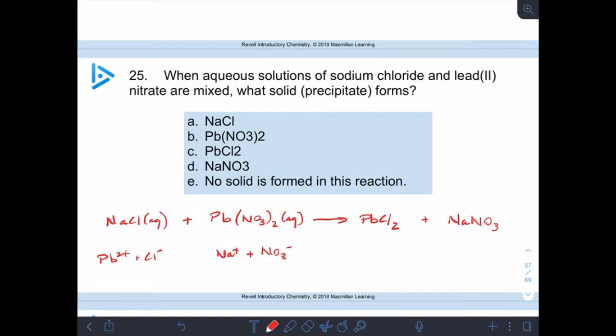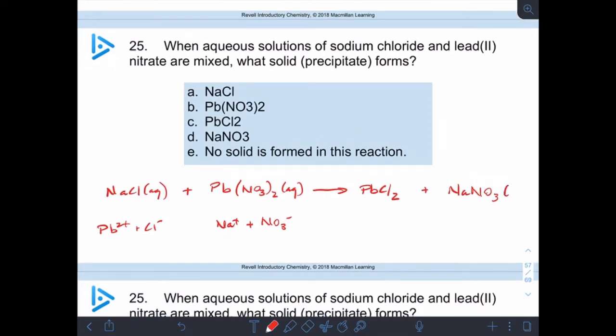Okay. Now right away, anything with sodium or nitrate is aqueous. Right? That's an easy one. And let's make sure that we're balanced here really quick. I have 1 sodium on the left, 1 sodium on the right.